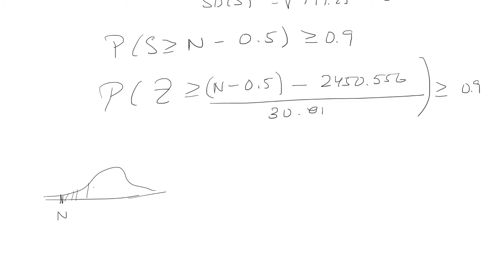So that means this whole area better be 0.9. So this area will then be 0.1, which is really the 10th percentile. So you can use a table, find 0.9, and take the negative of that. So this will end up just being negative 1.282.